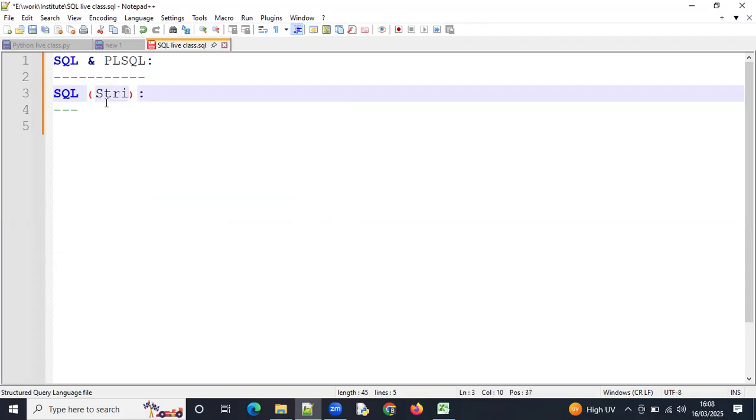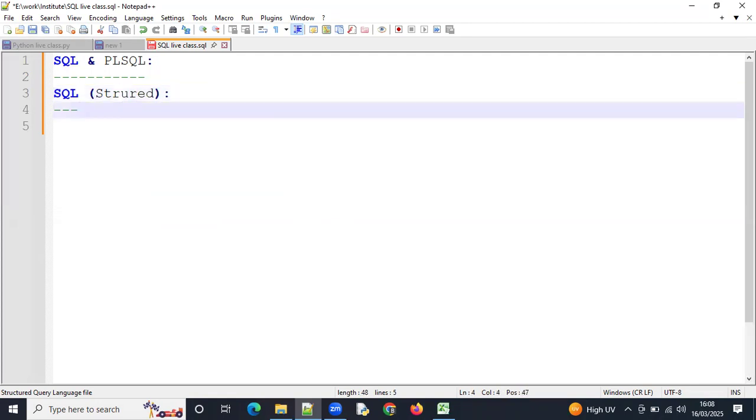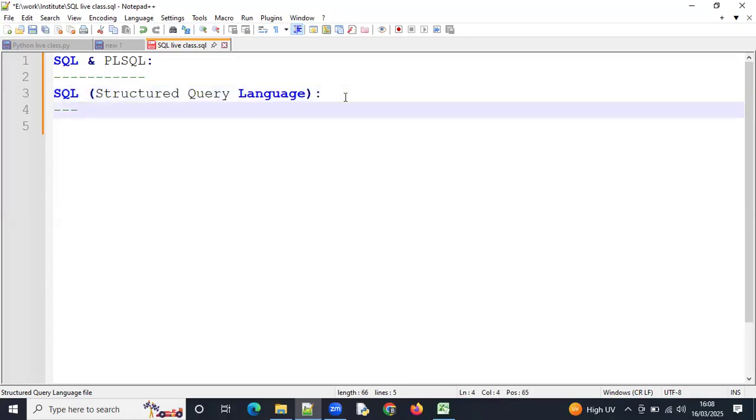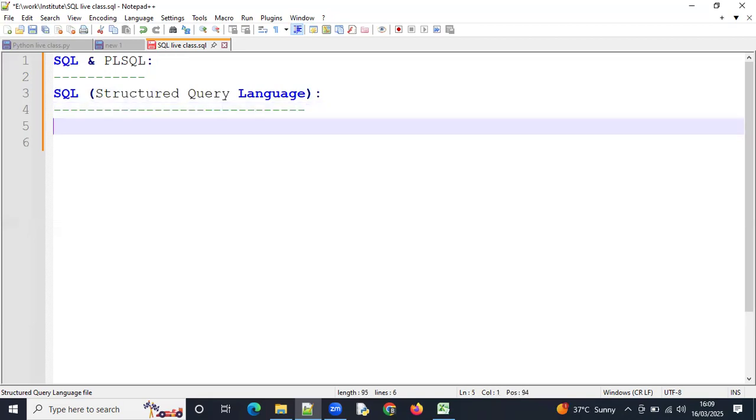So what is SQL? SQL stands for Structured Query Language, and it is also called a non-procedural language.